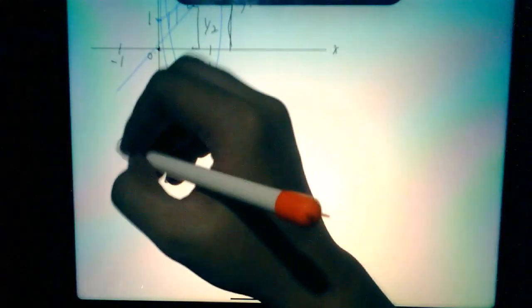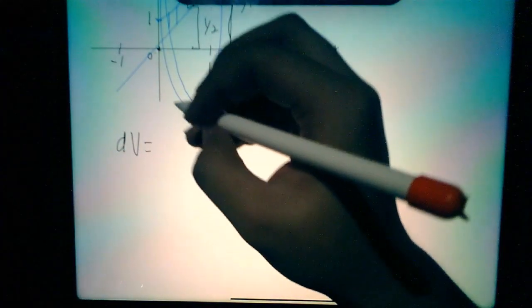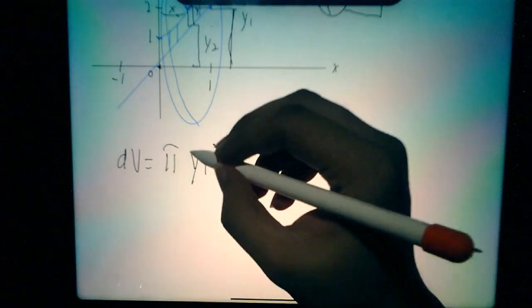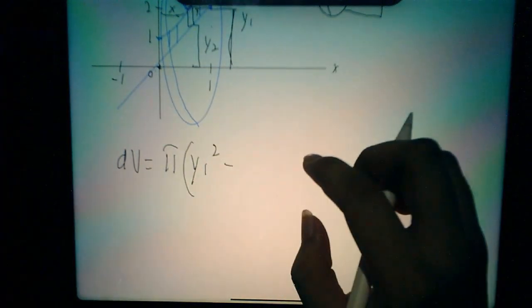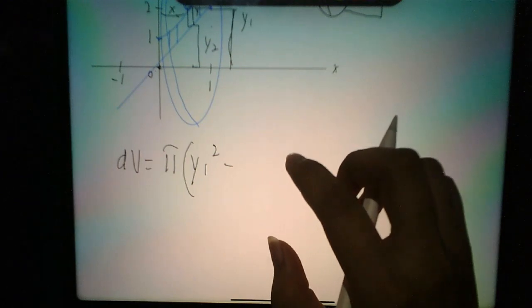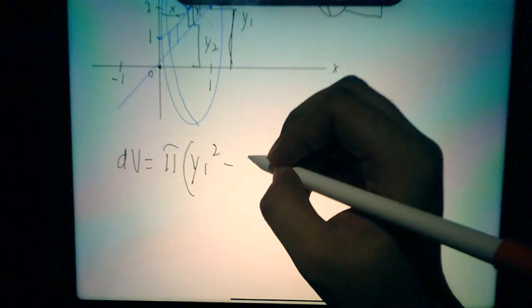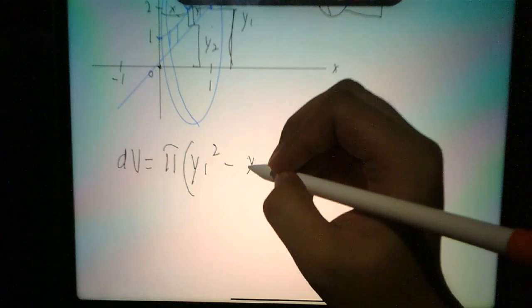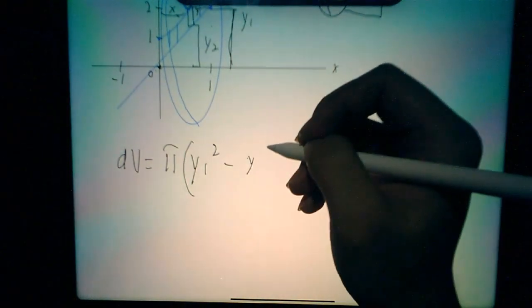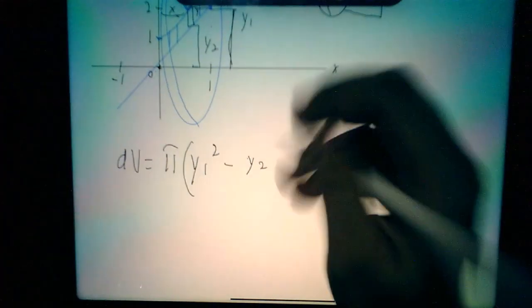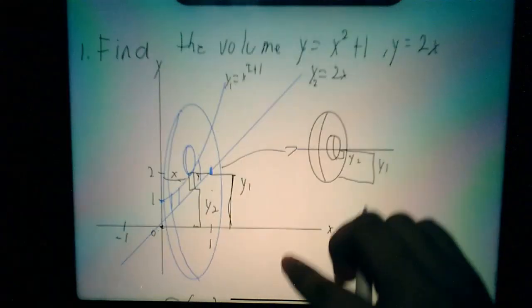The differential volume of this is just equal to pi, the bigger part is y1, so y1 squared minus y2 squared.